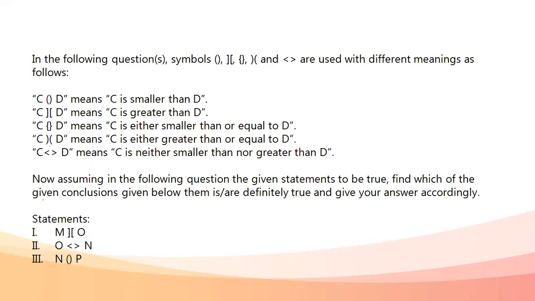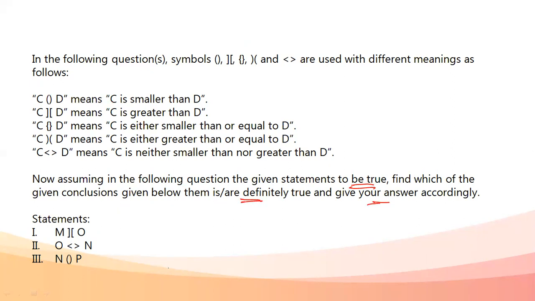Next. Okay, which of the following questions with the symbols given to me are used with different meanings are shown? So we have some letters and we have some symbols, and their meaning is already given to us in the statement. Now assuming in the following question the given statements are true, which of the following conclusions given below are definitely true, and give your answers accordingly.